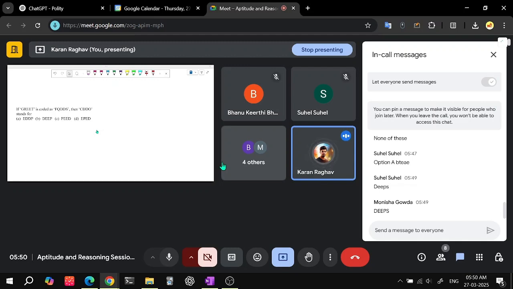So these kind of questions require some practice because cases are so many. I'll give you a hint. There is a relation between corresponding letters. Try to identify that one.